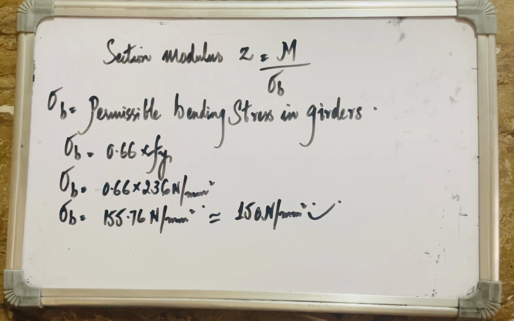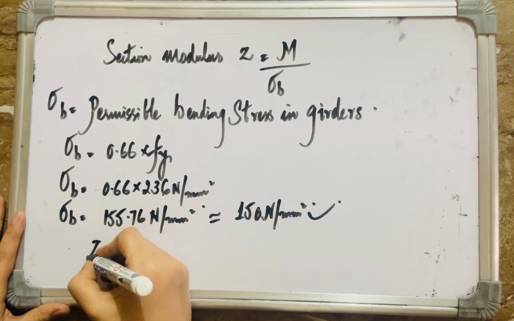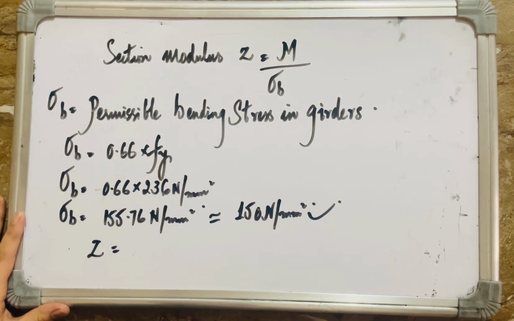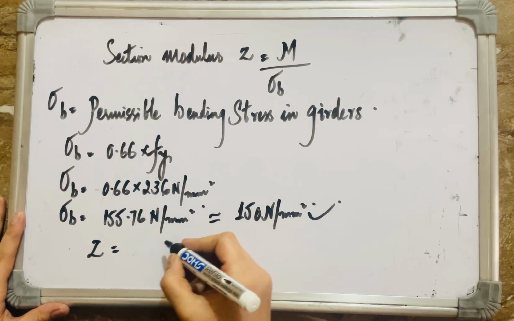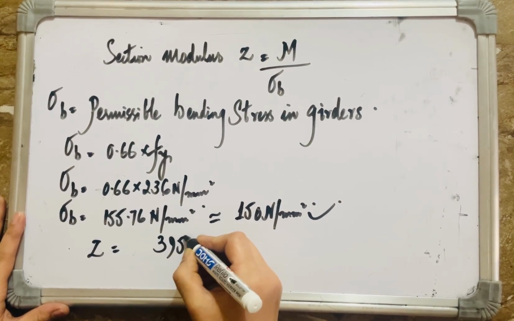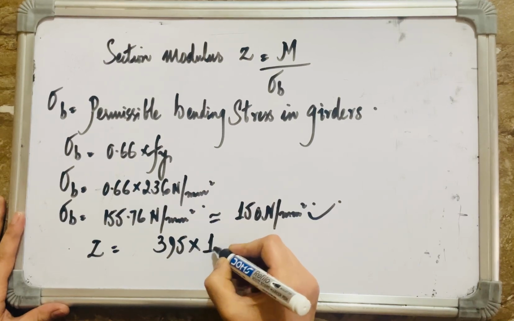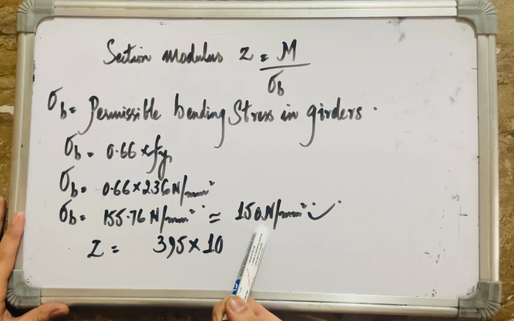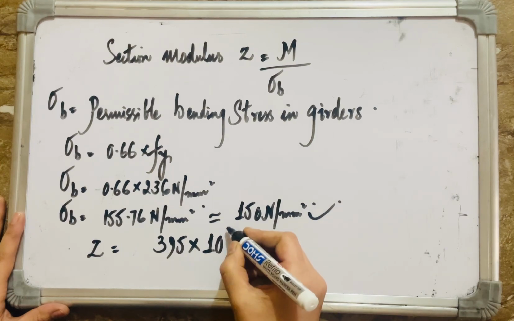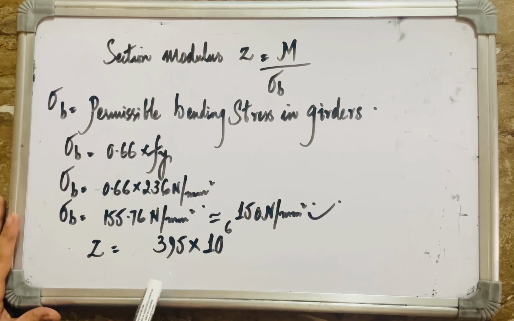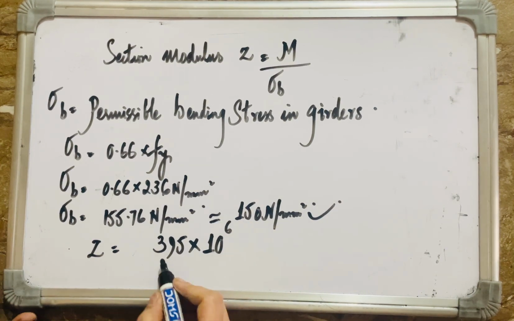All right. So let's find the section modulus. Design moment, how much is our design moment? It is 395 kilonewton meter. For the sake of dimensional homogeneity, since here units are Newton and mm, multiplied by 10 raised to the power 6 because it was kilonewton meter.